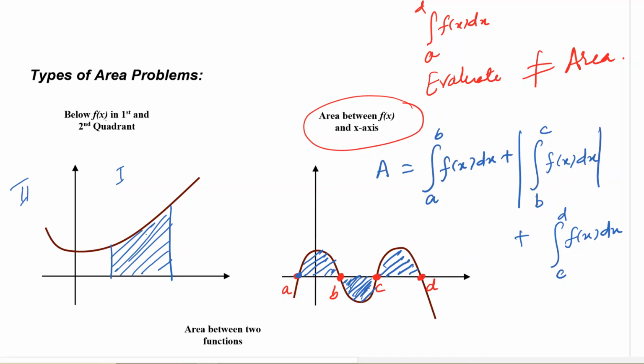One thing we also discussed is that if you just evaluate the integral from a to d of f(x) dx, that value would not be the same as the area, because that will give you the net effect.